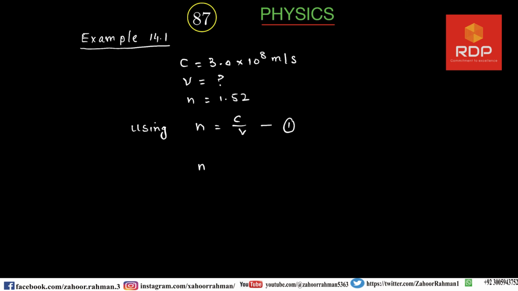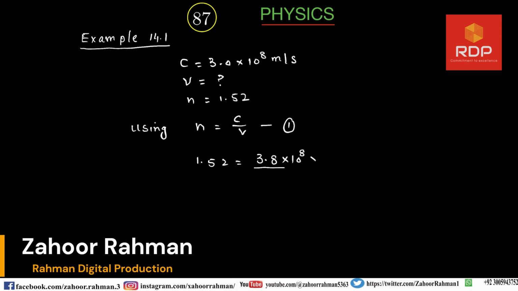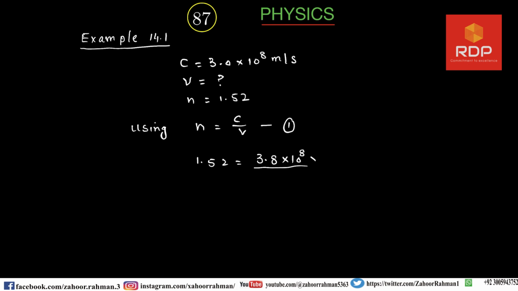Simply we have to put the values, and I have to write 1.52 equals c, which is 3.0 into 10 raised to the power 8, divided by v, which we are going to find.